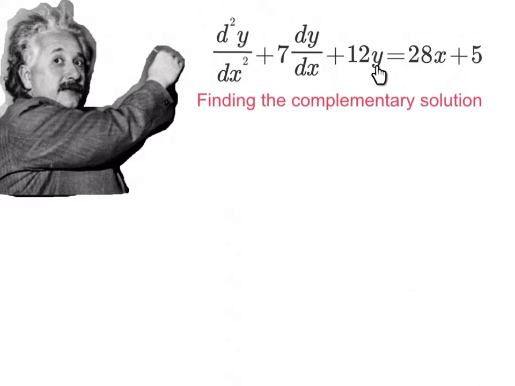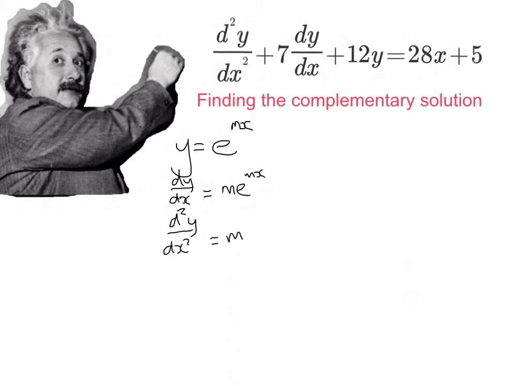So what we're looking for is something which is not going to change when we differentiate it, which, as you know, is e. So let's try e to the, well, I don't know, let's put m, e to the mx. Let's find m. What would m need to be to make this disappear when we stick it all in? Okay, we've got the first and second derivatives, they're pretty straightforward.